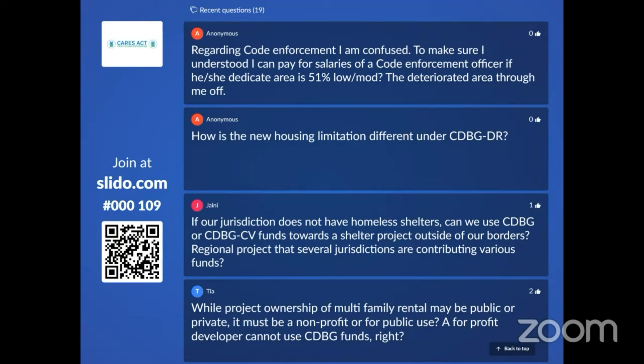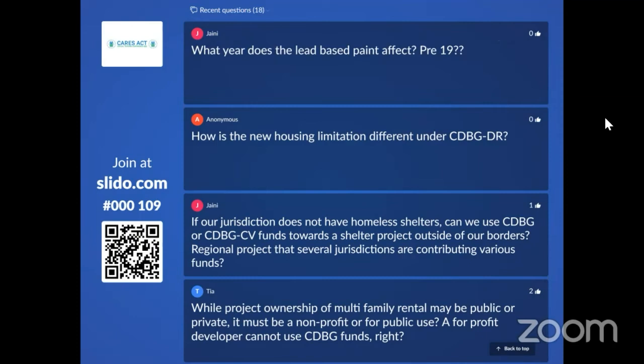Some areas that meet that definition are LMI and some are not. But if you're going to use the LMA national objective, then that area must be 51% LMI. But if it's not deteriorating or deteriorated, no code enforcement with CDBG.